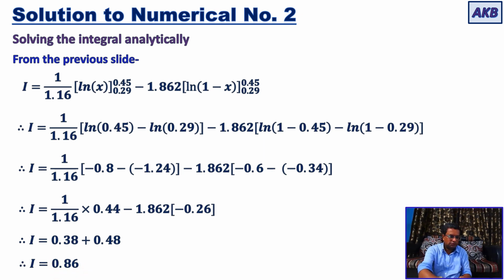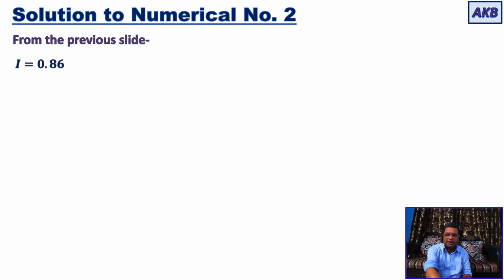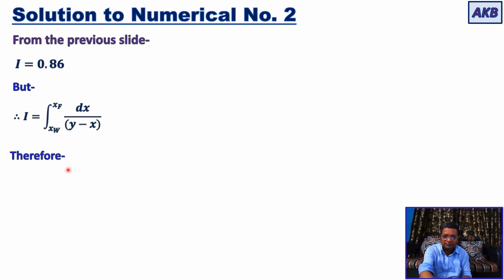Now we have got the value of the integral. So I is 0.86. That is nothing but the integration from xw to xf of dx upon y minus x. This is I. Therefore, now you have the value of the integral.